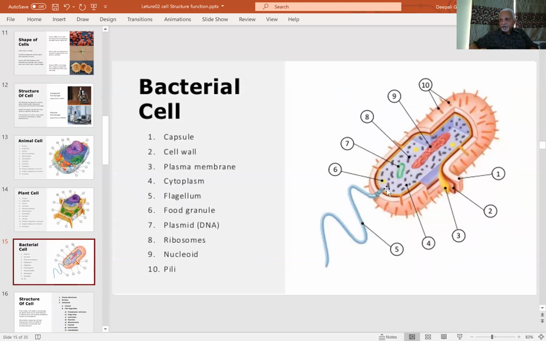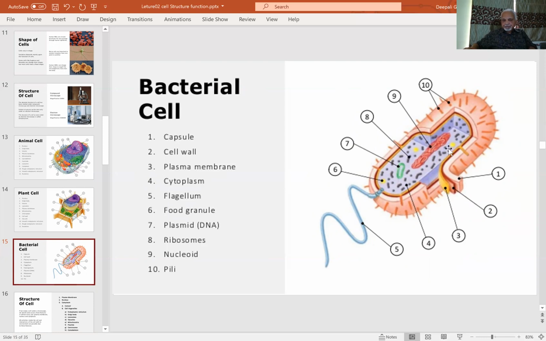And coming to bacterial cell, again, it has an outer covering, which is cell wall, and then cell membrane. But what it lacks is the cellular organelles, well-defined membranous organelles. There is nothing which we saw in animal and plant cells typically.